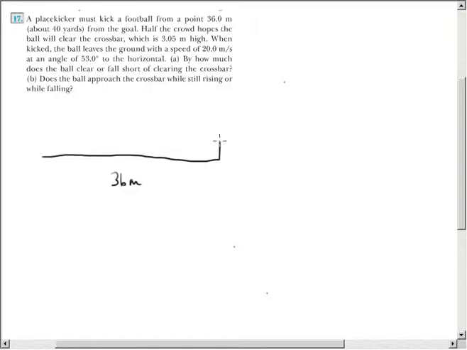And you have the crossbar here, and that's at 3.05 meters. And you have the particle whose initial velocity is 20 meters per second, and the angle here, theta, is equal to 53 degrees.